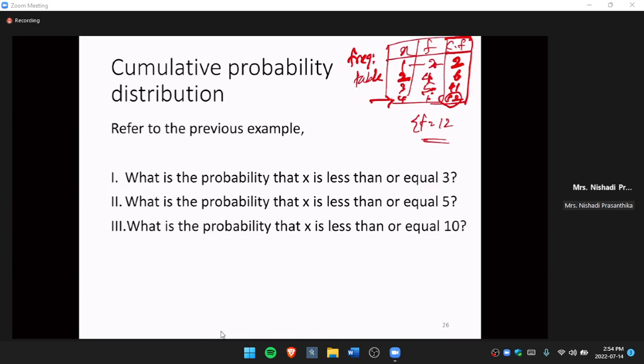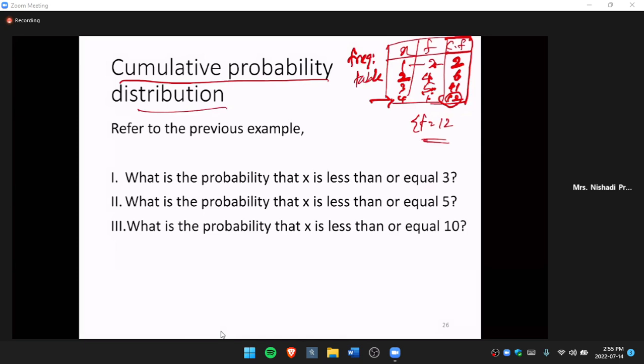Instead of a frequency table, we have a probability distribution table or probability mass function. So for that probability mass function, we are going to find the cumulative probability distribution. Before that, it is better to answer these questions. Then you will understand how to find the cumulative probability distribution.